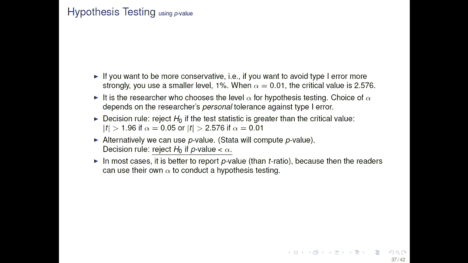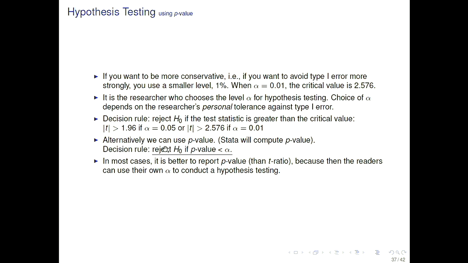You're going to choose the level, and there's no guarantee that your readers will have exactly the same level that you choose. All the readers may have different levels because they might be more conservative or less conservative. They may believe the null hypothesis more strongly than you do, or they might have bigger doubt about the null hypothesis. So it should be nice if you let your readers conduct hypothesis testing using their own level.